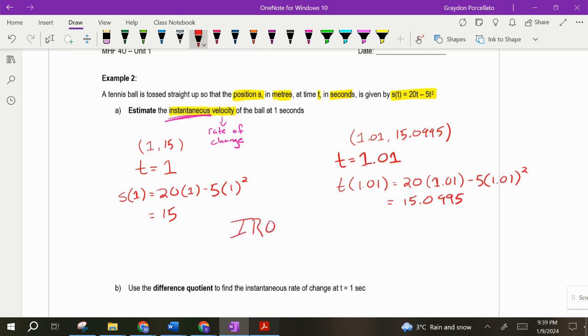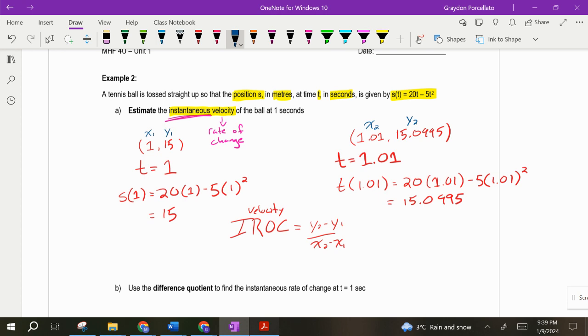Now, if I want to find slope, I determine my IROC, my instantaneous rate of change, or velocity, which is equal to y2 minus y1 over x2 minus x1. Remember, you can label these x2, y2, x1, y1.